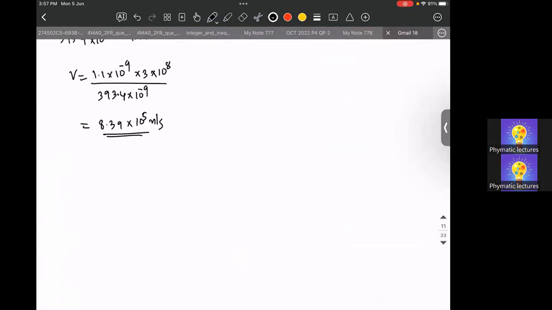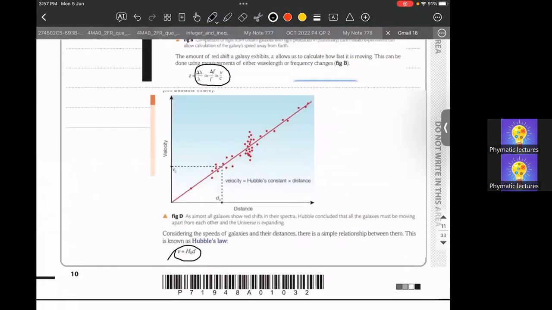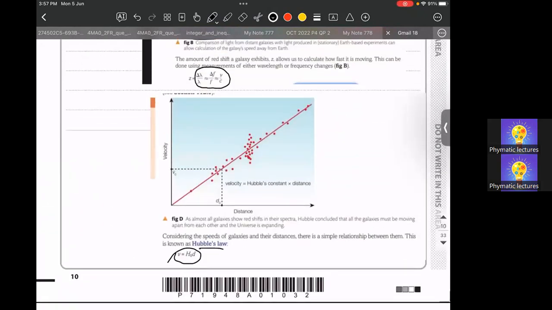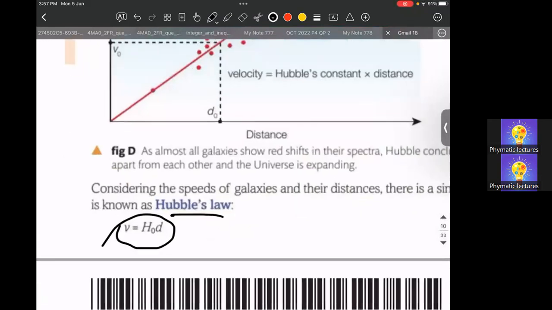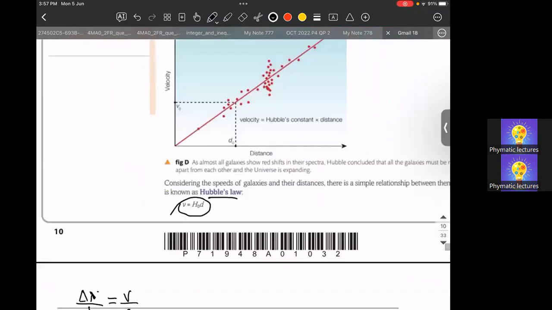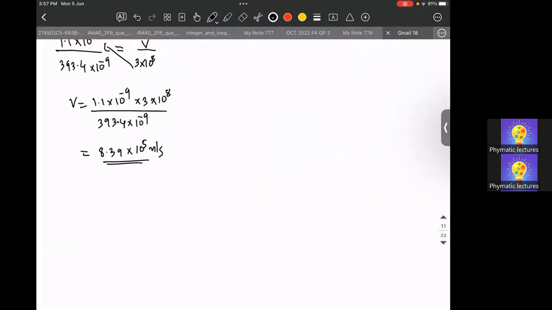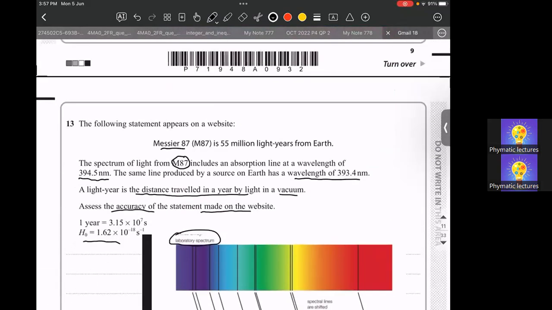The speed can also be assessed using Hubble's law. The speed of galaxies and all these heavenly objects we can calculate using Hubble's law. What is the equation? v equals H0 times d. H0 is already given in our question. What is the value of H0 given? 1.62 × 10^-18.